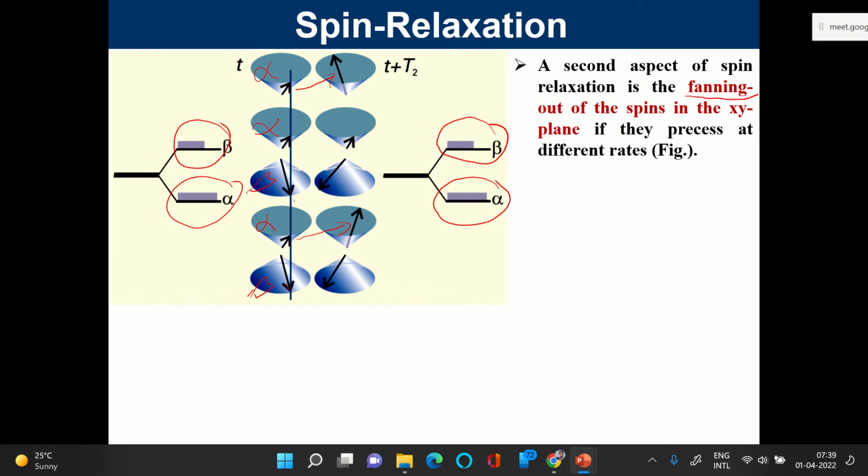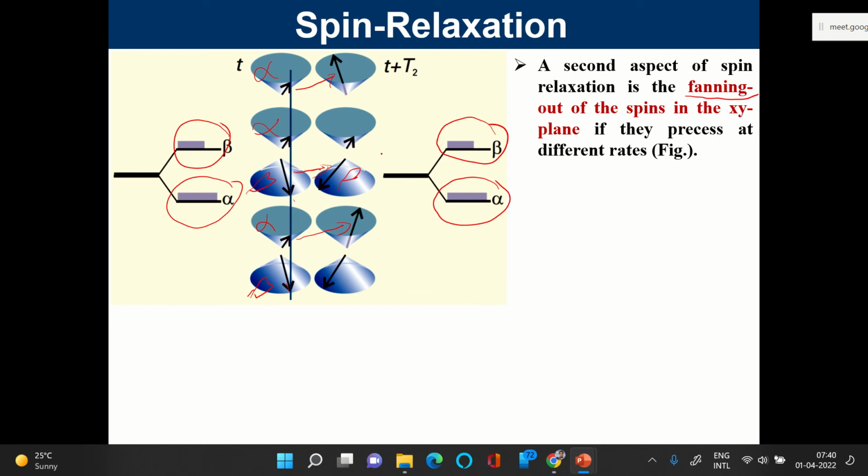Now in this particular type of relaxation, what will happen, they will still have the z component minus half, but they will now not be placed on the same position. They will still be on the same downward pointing cone, but now, see, still this is beta, but the placement.